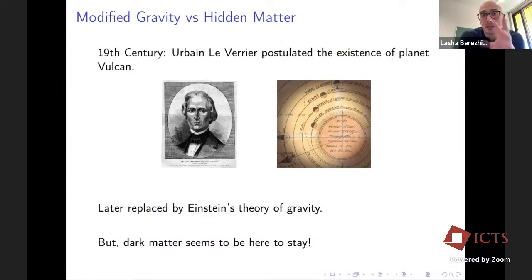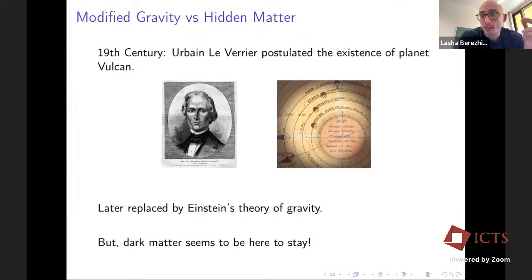The French mathematician Le Verrier, who had predicted the existence of the planet Neptune by analyzing the orbit of Uranus, later decided to analyze Mercury's perihelion. He realized that just taking into account all the celestial objects he was aware of, he could not make sense of the motion of Mercury.